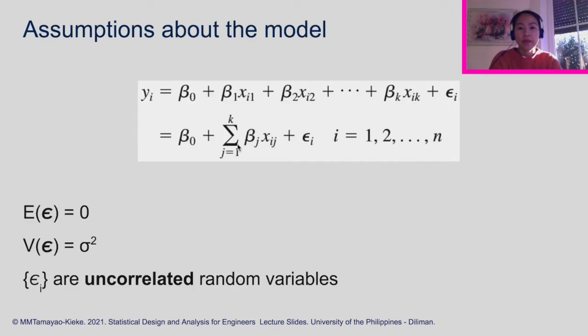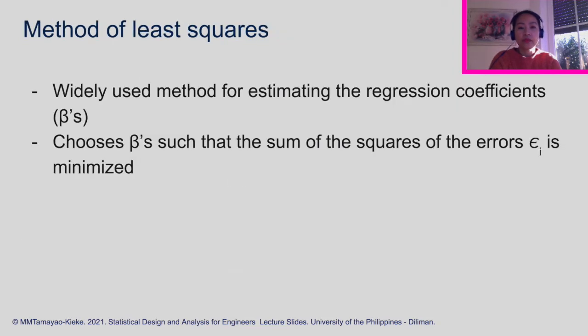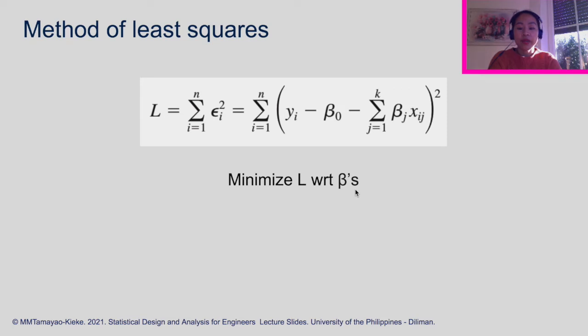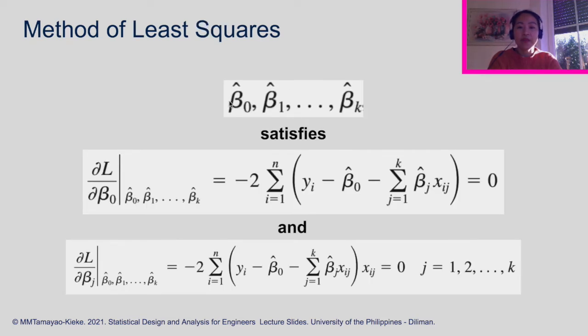To minimize L with respect to the betas, we should get the estimates beta naught hat, beta 1 hat, to beta k hat, that satisfy the following conditions. We take the derivative of L with respect to beta naught and with respect to the beta sub j's for all j equals 1 to k, and equate those to 0.